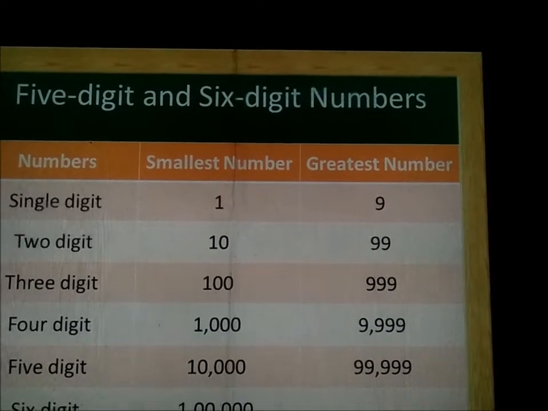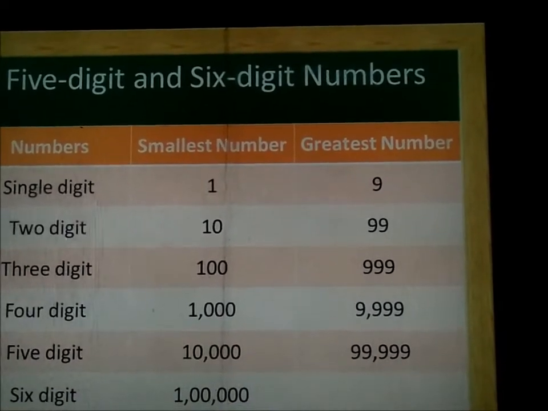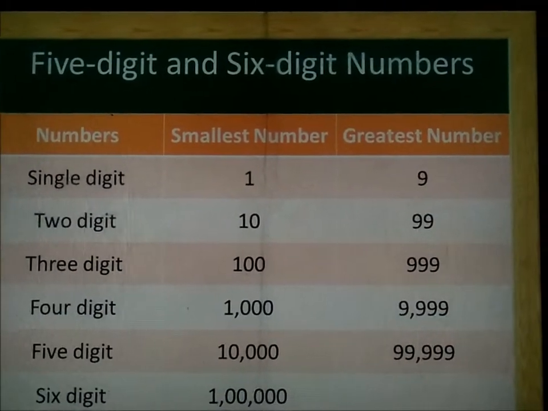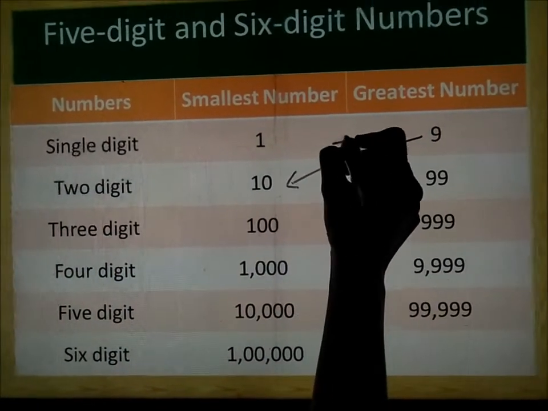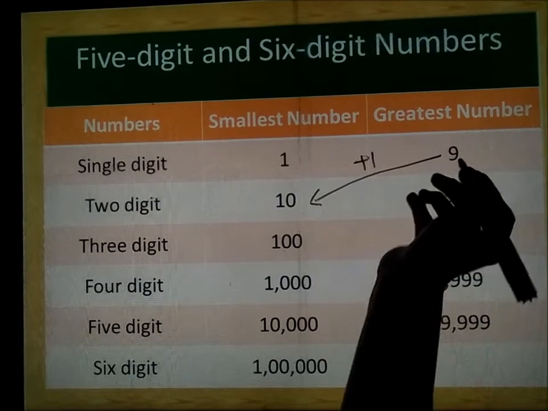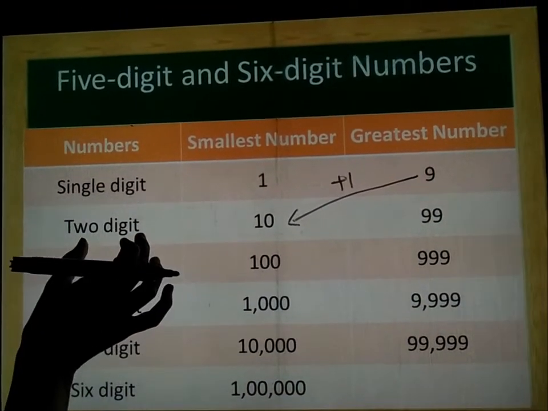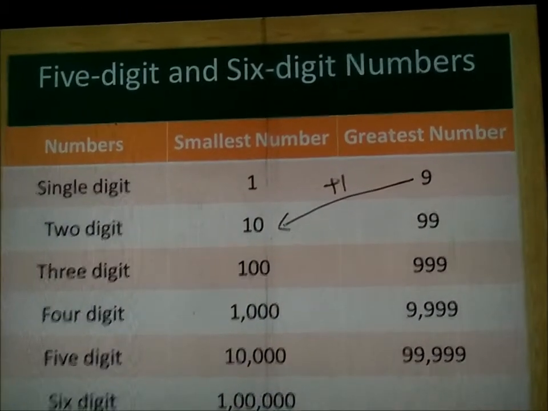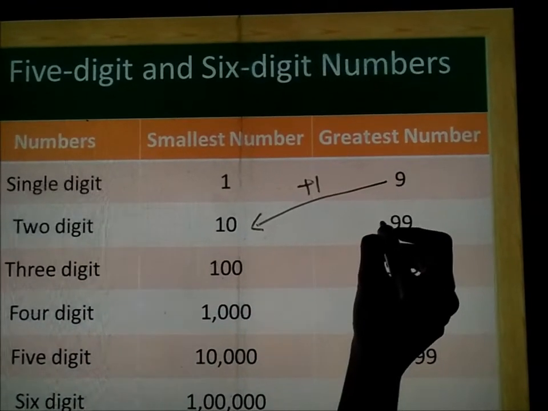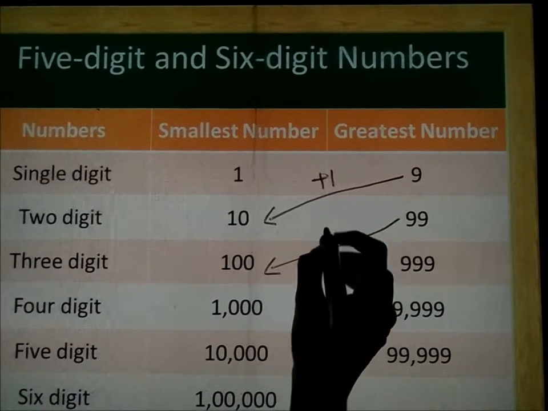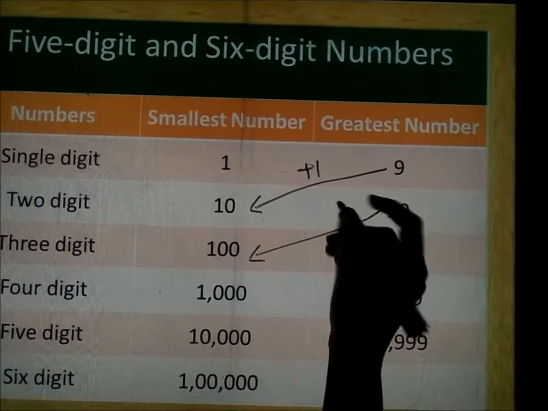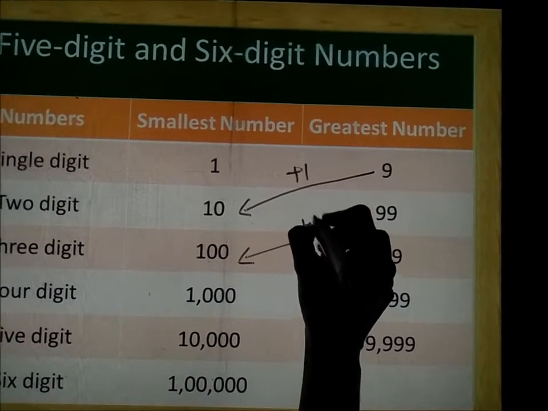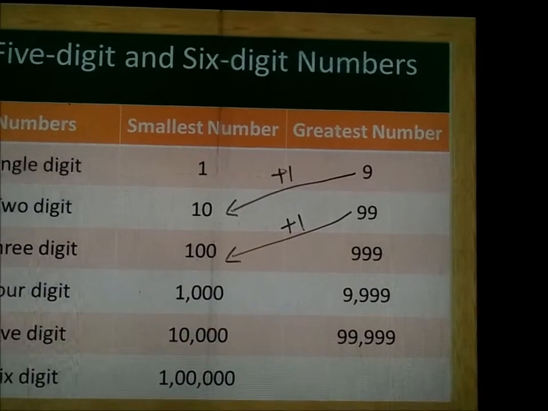So how do we get the smallest number of the next digit from the greatest number? It is very easy. When I add 1 to the greatest single-digit number, I get the smallest 2-digit number. Then when I add 1 to the greatest 2-digit number, we get the smallest 3-digit number.